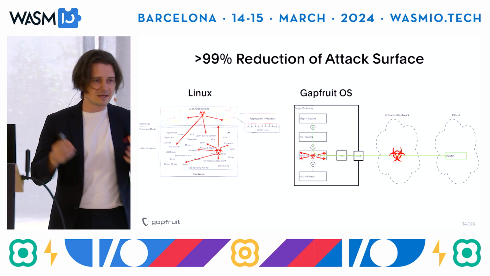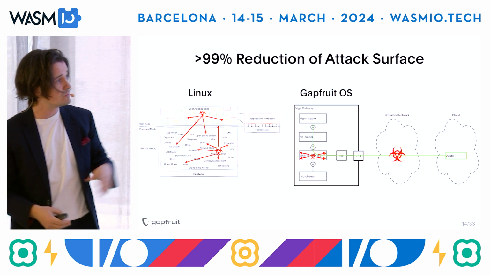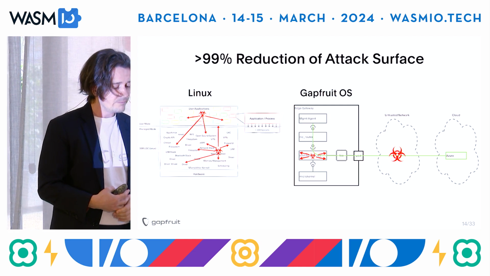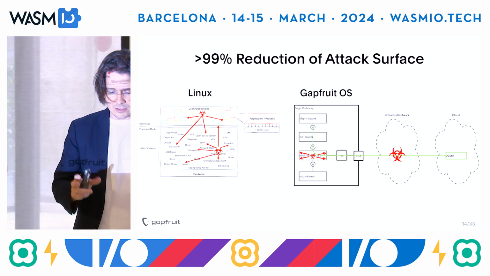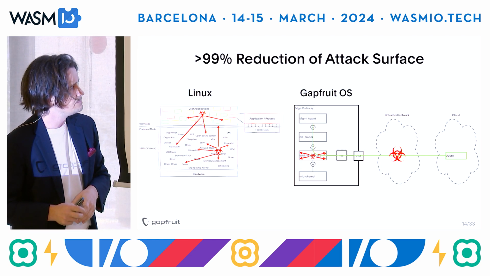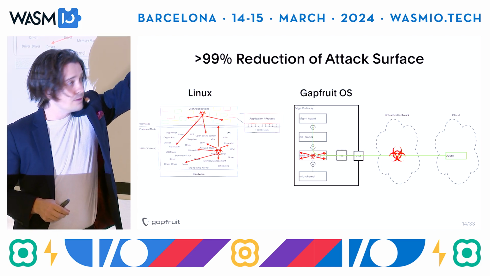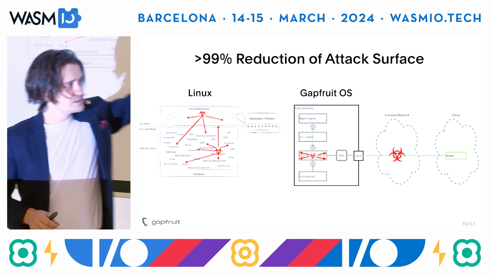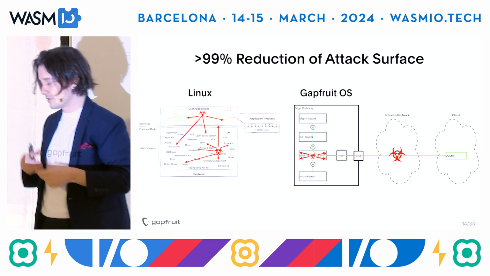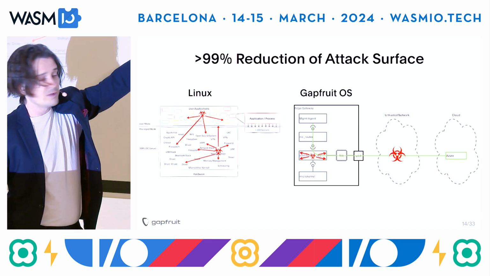So how does that same vulnerable Linux driver behave on Gapfruit OS with the Linux device driver environment? Well, every component is strongly isolated and only has access to the resources it really needs. So for a connection from a management agent to its cloud counterpart, the integrity and the confidentiality stay intact even though this driver may be compromised.